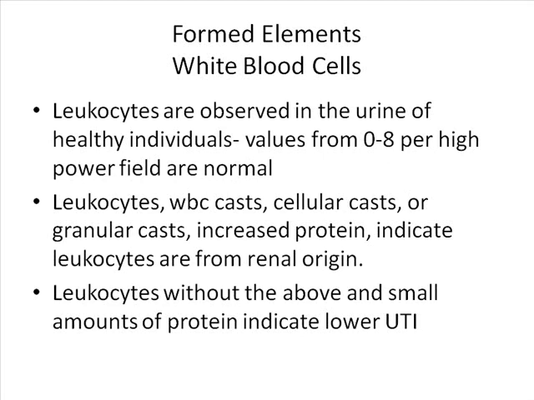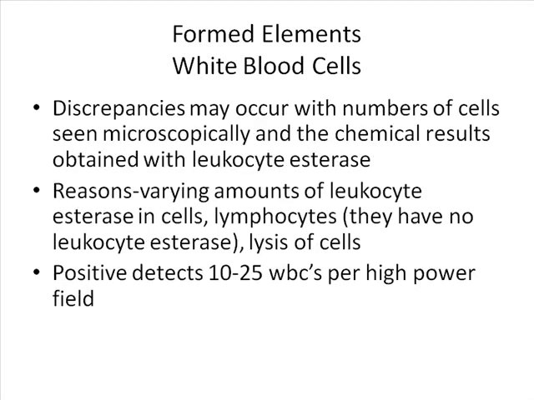Now, we already talked about what the normal values are for leukocytes. Anything under that, you will get a negative on the dipsticks. Any discrepancies with microscopic and chemical, you need to evaluate. Remember, if you're getting a positive on the dipstick and you get negative when you're looking at the microscopic, you need to figure out why, all right?